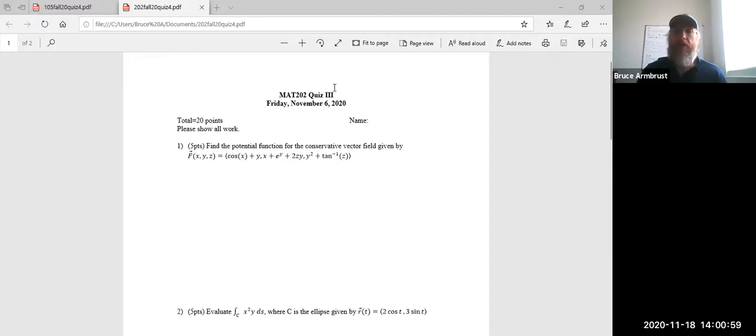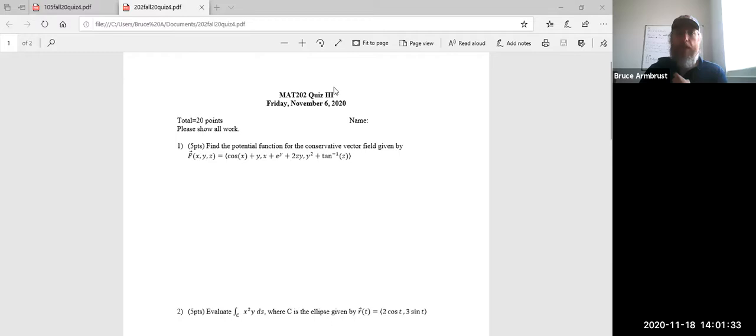So basically, here's what I do. The way I think about it is I think of all 3 different combinations that you can have: P and Q, P and R, and Q and R. For each one of those, you want to do the partial with respect to the other piece's variable. So with the P and the Q, you need P sub y and Q sub x.